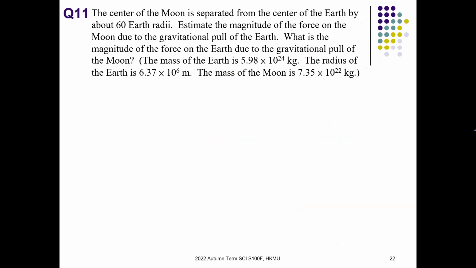In question 11, here comes the discussion of Newton's law of universal gravitation, where there will be interaction between two objects. For example, between Moon and Earth, the Earth and ourselves, and we have many more examples for the interaction due to Newton's law of universal gravitation.